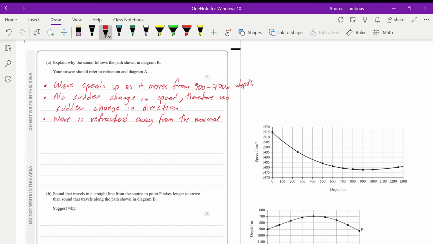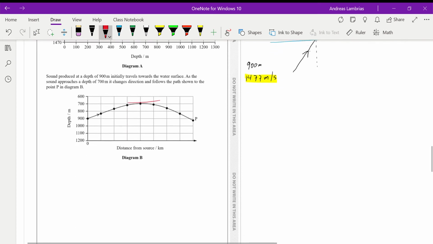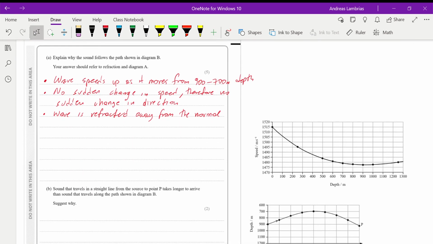And what happens at the boundary when it goes to the 700? As we said again, the angle of incidence is greater than the critical angle, therefore at 700 meters we're going to have total internal reflection.